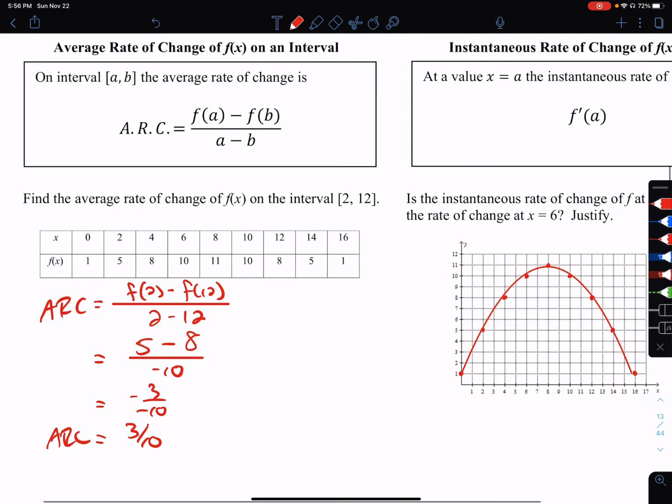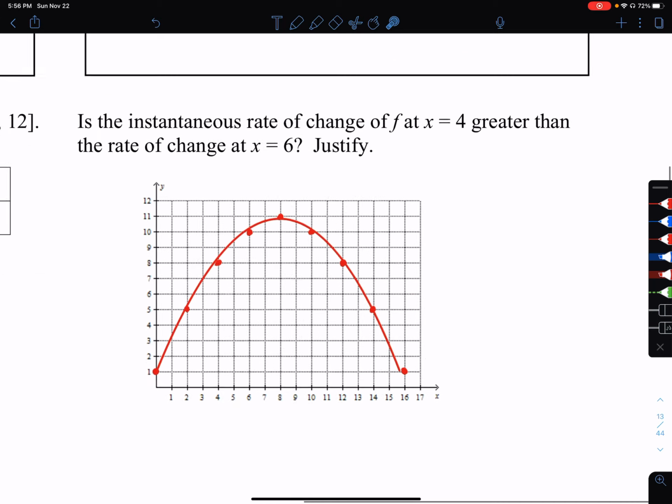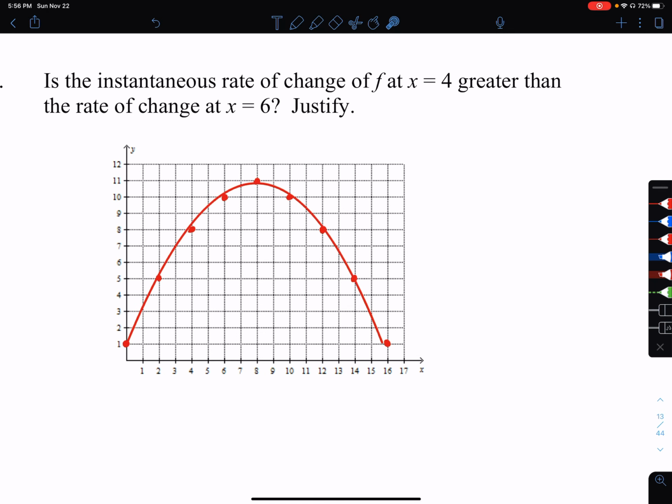Pretty slow. Instantaneous rate of change. At a value x equals a, the instantaneous rate of change is the derivative evaluated at that value of a. Is the instantaneous rate of change at 4 greater than the rate of change at x equals 6? Justify your answer.